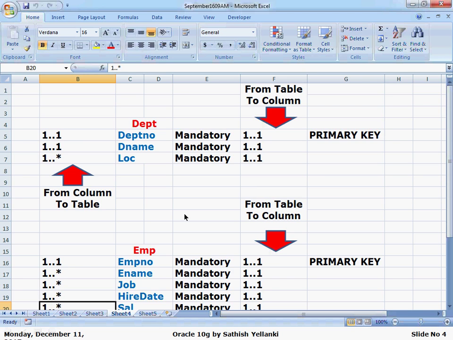Generally when a student says, sir, I'm having so and so academic background, can I be suitable for databases? For databases, the only simple qualification is, can you understand the business process and can you understand English? These are the only 2 qualifications to be part of databases. Sir, I'm too good in English.